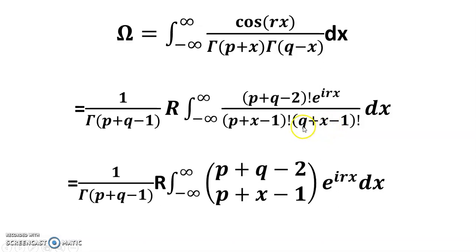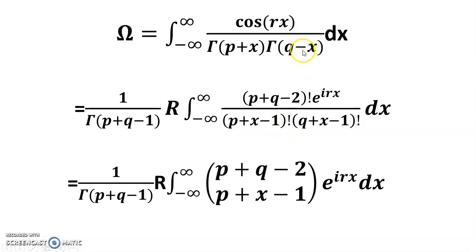Okay, sorry, here it is q minus x, this is minus. This is not q plus x minus 1 factorial, it is q minus x minus 1 factorial. I have written it wrong here. Because p plus x minus 1, this is q minus x.